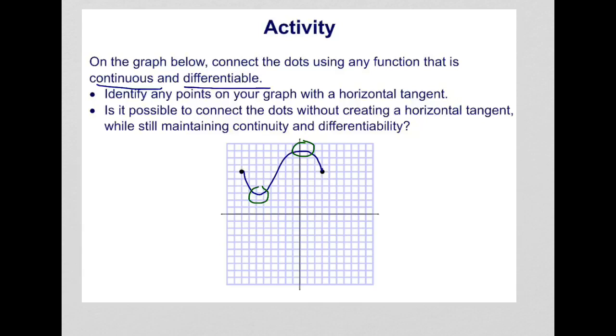Even if you were to draw your line perfectly horizontal, then the line itself is a horizontal tangent. So the question: is it possible to connect the dots without creating a horizontal tangent? The answer is no. The only way to do that would be to break continuity or differentiability.